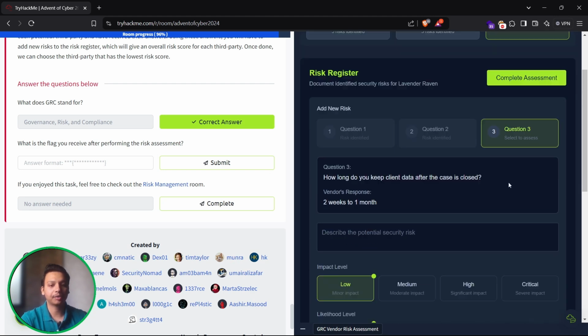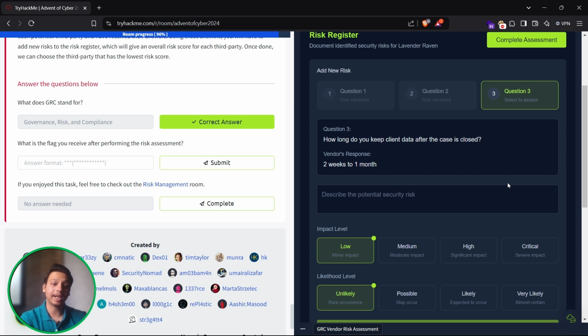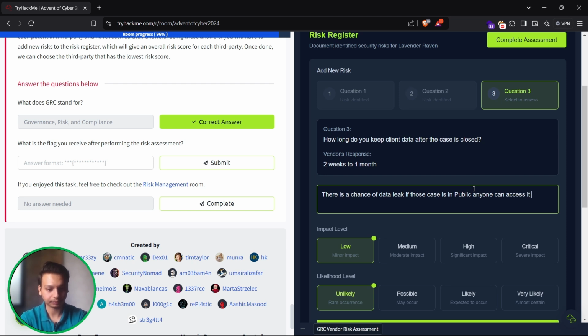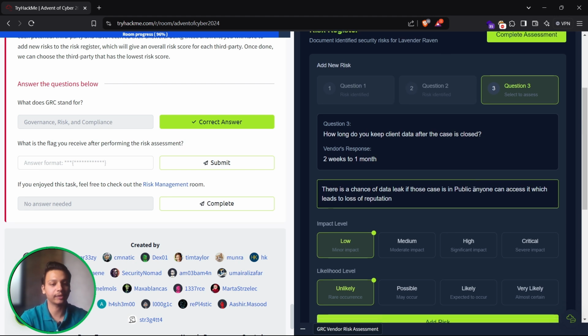Okay, now the last question is about how long you keep clients' data after the case is closed. It says 2 weeks to 1 month. So there is a chance of a data leak if the case is public, anyone can access it, which leads to loss of reputation for the other clients as well, right?